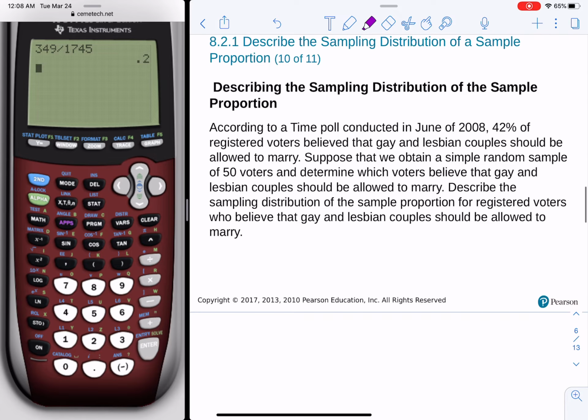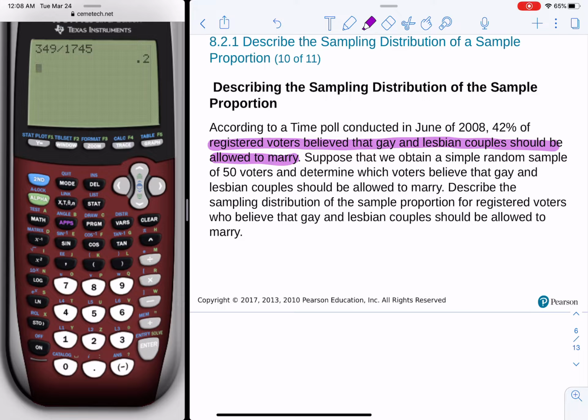So here is an example. According to a Time poll conducted in June of 2008, 42% of registered voters believed that gay and lesbian couples should be allowed to marry. That would simply be the event of interest, that specific event.